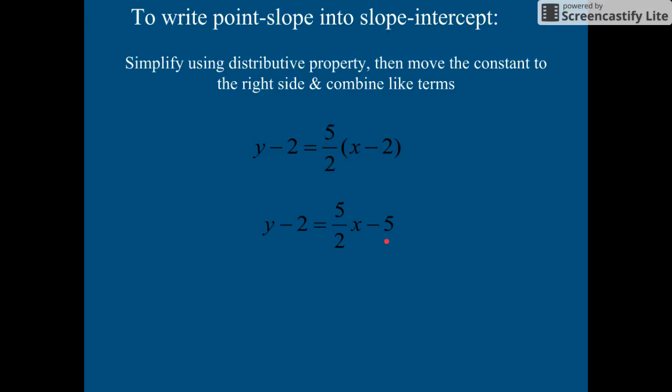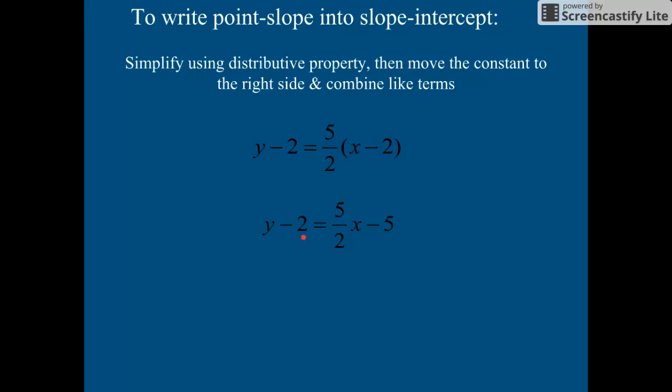Now I need to combine like terms. I can't combine anything with y. There's not another term with y. Same as the 5 over 2x. There's no other term with x. But I have a negative 2 here and then a negative 5 here. Remember, I can combine my constants. But since the negative 2 has to go across the equal sign, its sign is going to change.